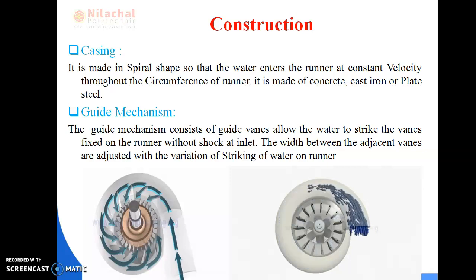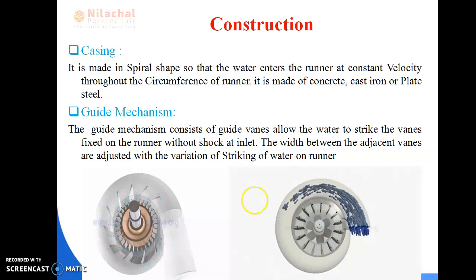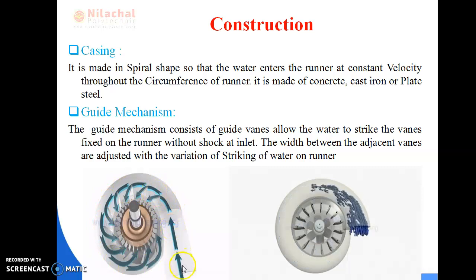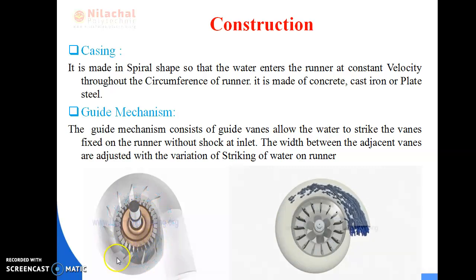As shown in the figure, we have the animation. This is the spiral casing. The blue color arrow marks show that the water flows into it, and the bigger blades are known as the guide mechanism.